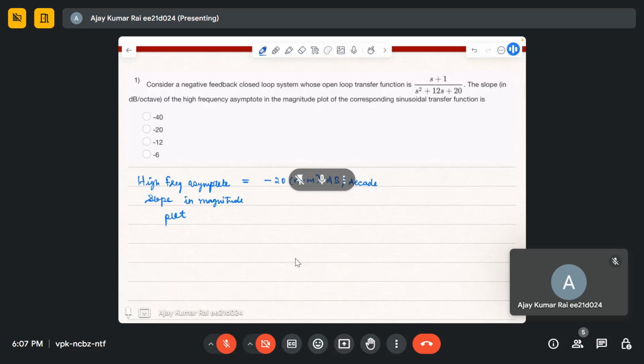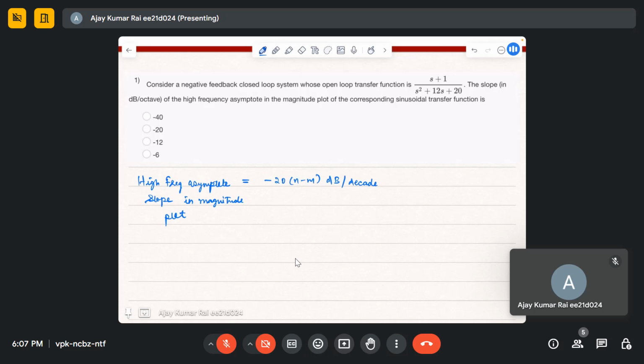I will read the question once again. Consider a negative feedback closed loop system whose open loop transfer function is this. The slope of the high frequency asymptote in the magnitude plot of the corresponding sinusoidal transfer function is. For this open loop transfer function, we have to plot the Bode plot, the magnitude plot, and see the slope of the high frequency asymptote.